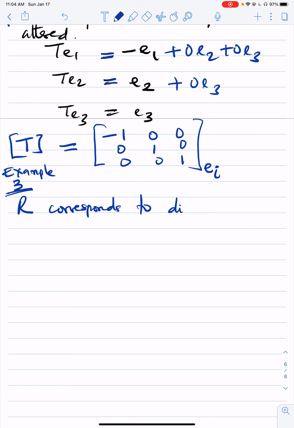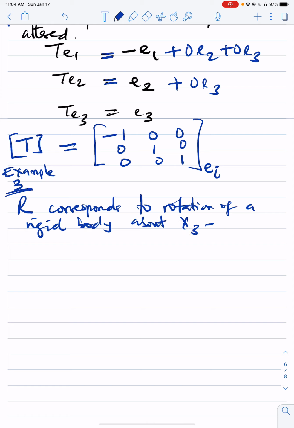Okay, so R corresponds to a rotation of a rigid body about the x3 axis by angle theta. Find the matrix of R.